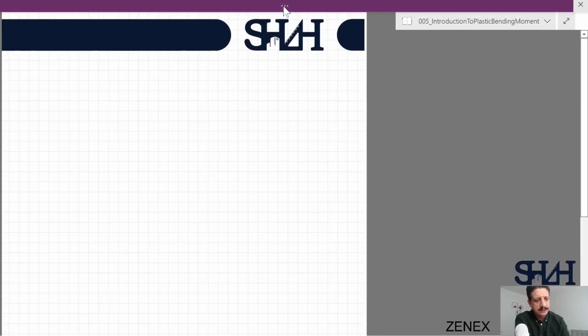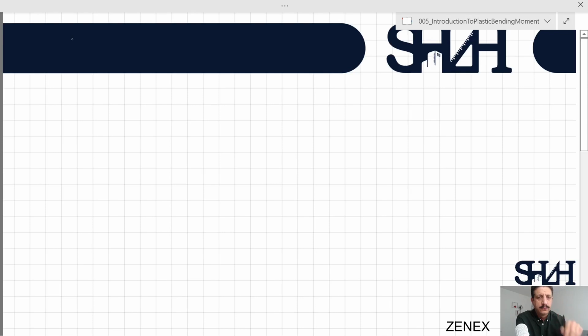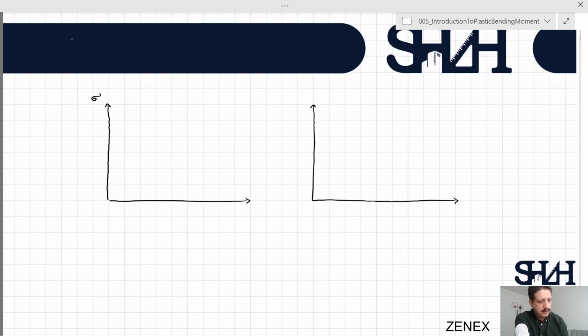Now we can sketch the graph for force displacement and stress strain for three elements: sigma and epsilon, megapascal, millimeter divided by millimeter, force, kilonewton, and delta, millimeter.